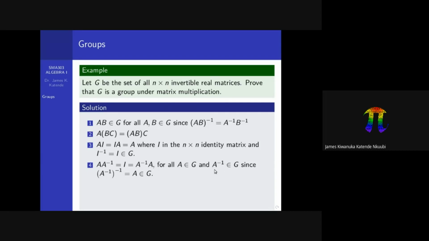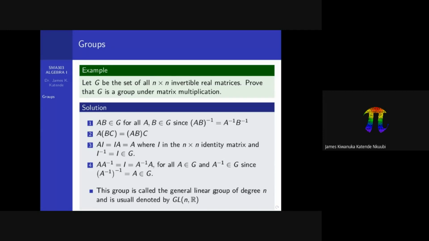So you need to get the inverse of the inverse. The inverse of the inverse turns out to be A itself, which you should know from your linear algebra, which is in the set G. So the inverse is also invertible. And therefore, we can conclude that this is a group under the usual matrix multiplication.